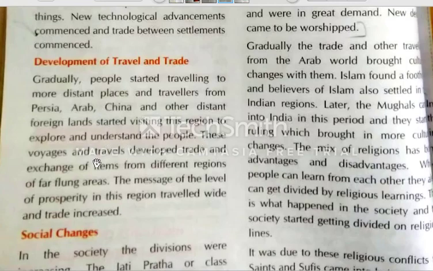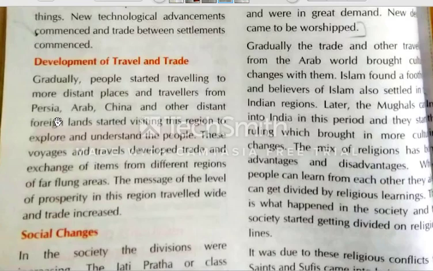In the beginning, people were just traveling or moving from one place to another. They were not living at a far distance. But after some time, people started to move from one country to another country. They started settlements from one country to another.